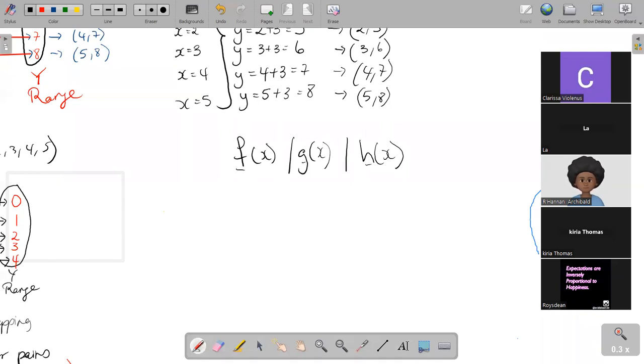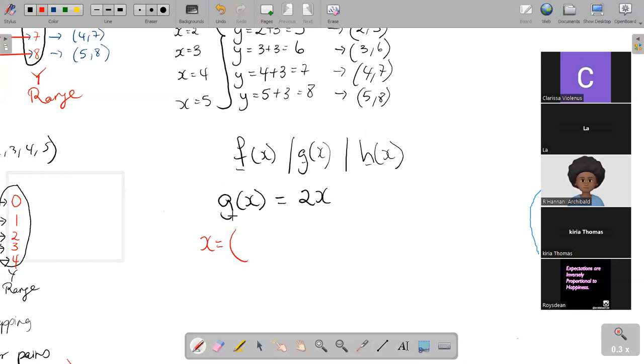Let's use g. So g of x is equal to 2x. Anybody remember what 2x means? What is happening between these two things here? Excellent. This means 2 times x. This means to multiply, right? So I'm going to give you your x values.